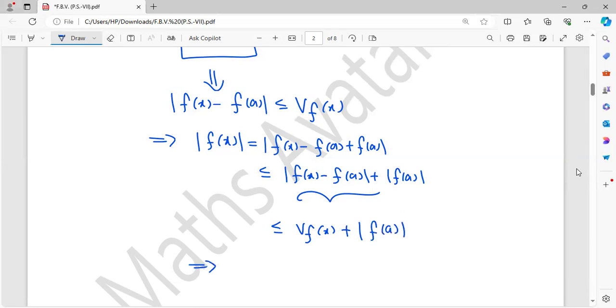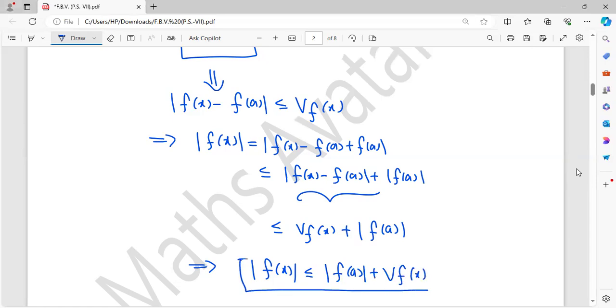So this implies |f(x)| is less than or equal to |f(a)| absolute value plus Vf(x). So this is correct.